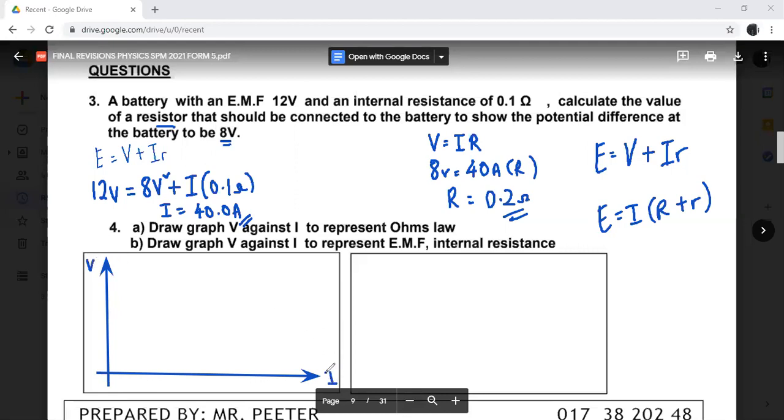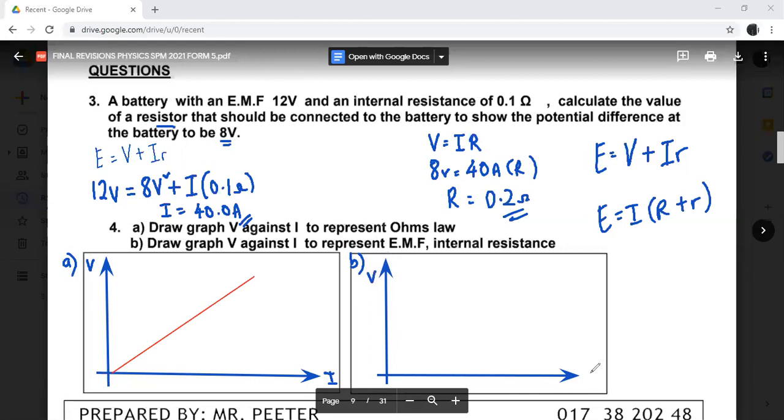Mr. Chu, can you sketch on my graph Ohm's law, right? First one, A. Yep, correct. Thank you. Now, thank you, Mr. Chu.